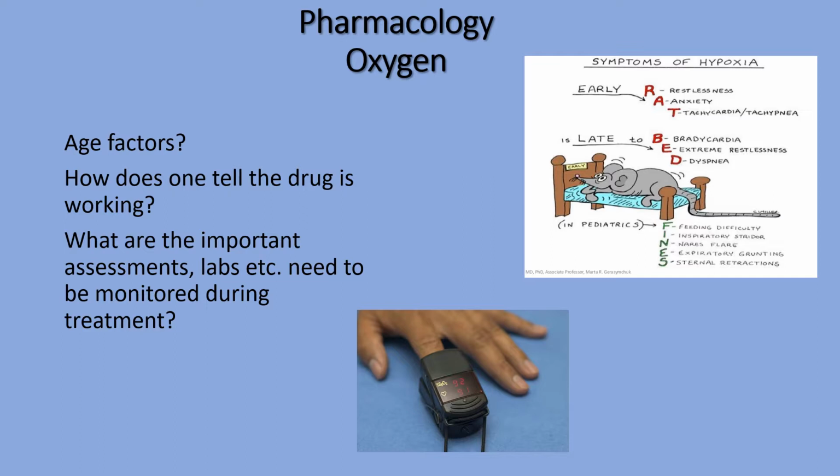So your ABCs: your acid, base, and carbon dioxide. When you draw an ABG, it gives you arterial blood, and it tells you if your blood's acidic, what the components are, if your blood is balanced, and how much oxygen is in your blood. So it's also a very good way of seeing if you are hypoxic.